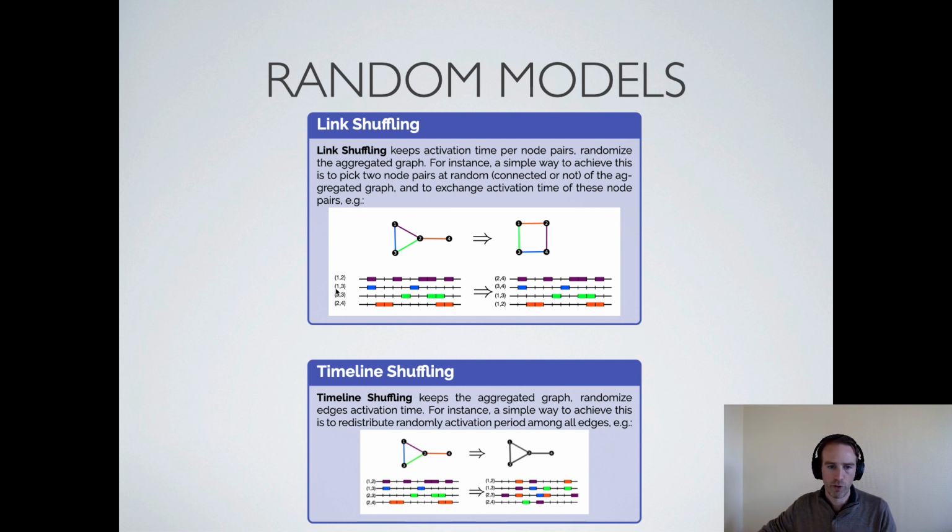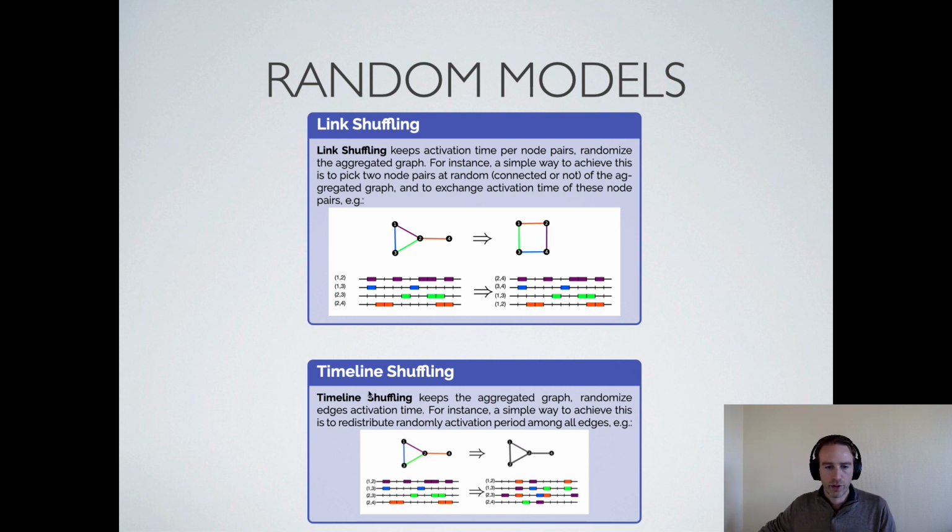So what was before the interaction between 1 and 3 becomes the interaction between 3 and 4. That's why it's blue here and blue here. We have kept exactly the same number of interactions by pair of nodes, but we have shuffled the pairs of nodes. So the cumulative graph is different.